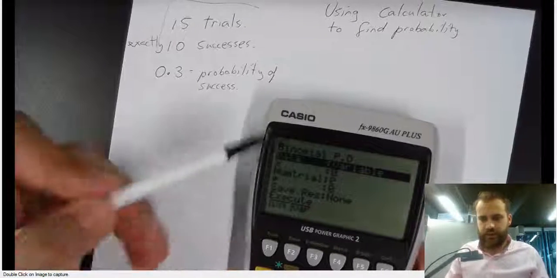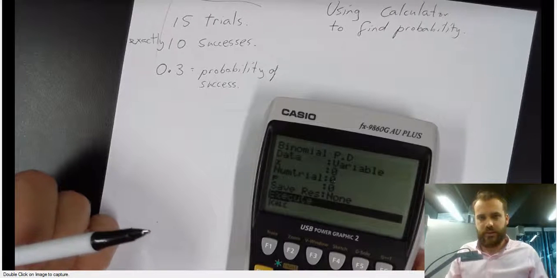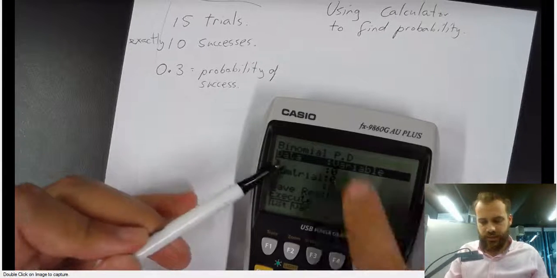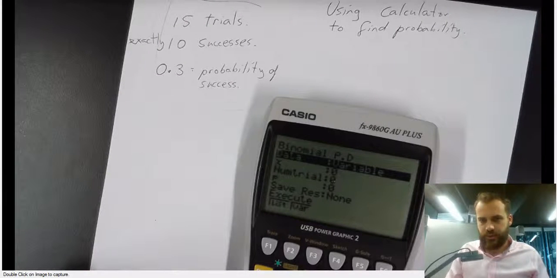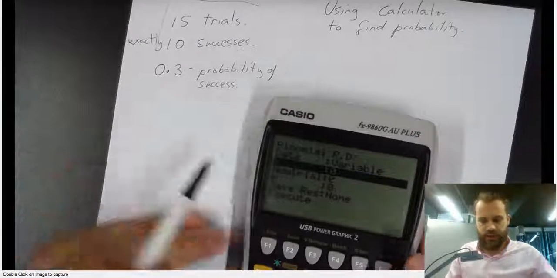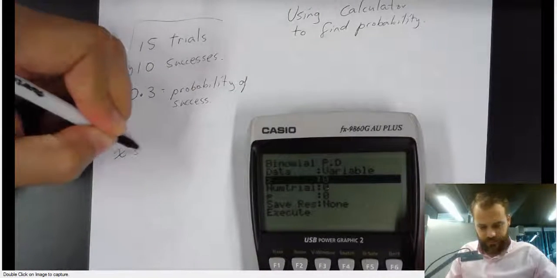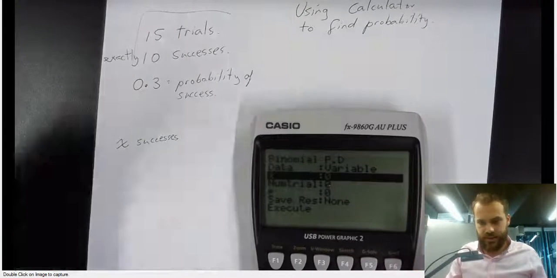And it'll come up looking like this. Maybe you'll have some numbers in there already. Okay, so data, you've got a choice between a list and a variable. We're always going to choose variable. X. X is the number of successes you want. So X is successes. Now, in this particular question, we want 10 successes.